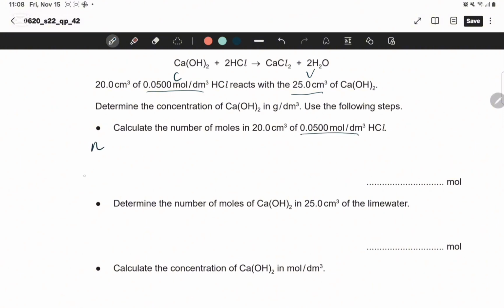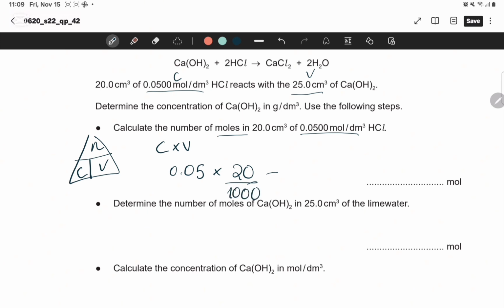So we're going to use n = CV. If we want to find the moles, we do concentration times volume. So 0.05 times 20, and the volume needs to be in decimeters cubed, so divide by 1000. So 0.05 times 20 over 1000. The answer is 1 times 10 to the power of -3, or 0.001.